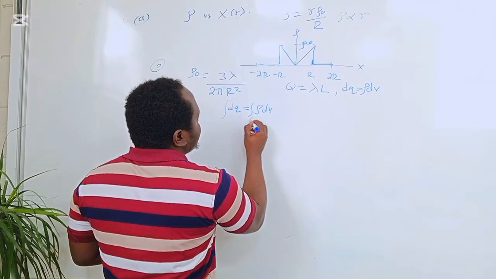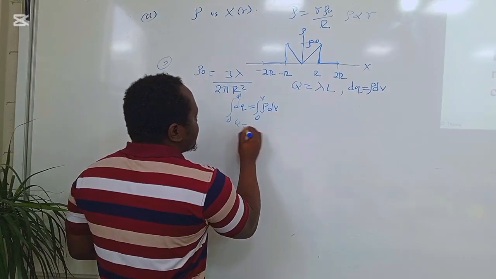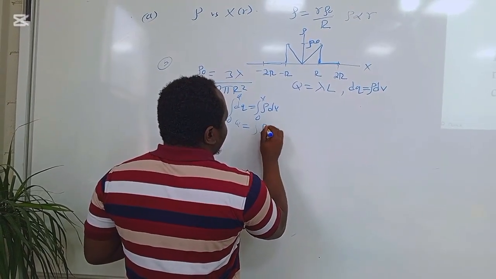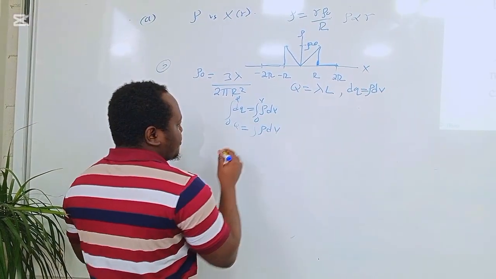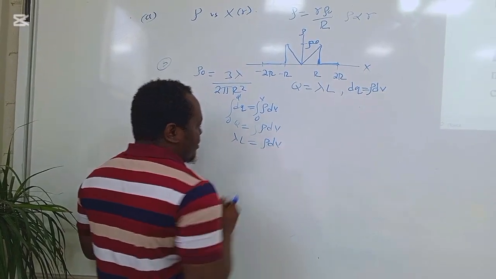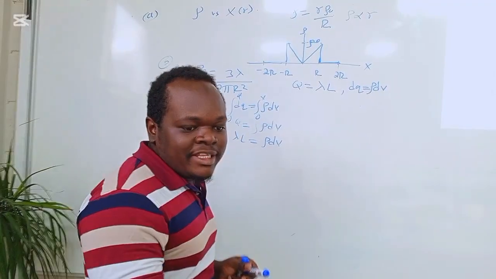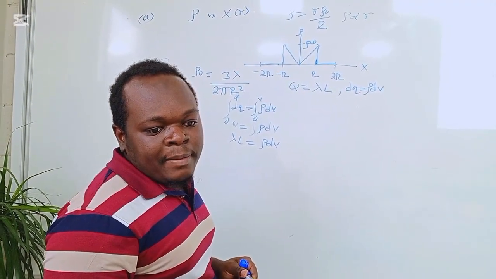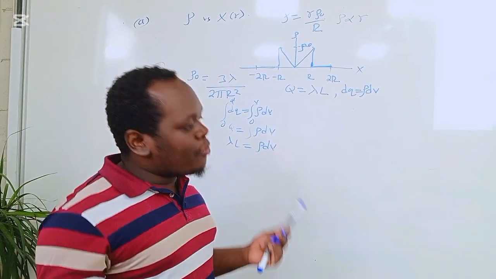Let's integrate this, because we have been told if we integrate this, the total charge is equal to this one. Upon integrating from 0 to capital Q, we'll get Q capital is equal to the integral of rho dV, whereby Q capital, let's substitute this value. So lambda L is equal to the integral of rho dV. But there's a question hint. Let dV be a cylindrical shell of length L, radius r, thickness dr. What is the volume of such a shell?